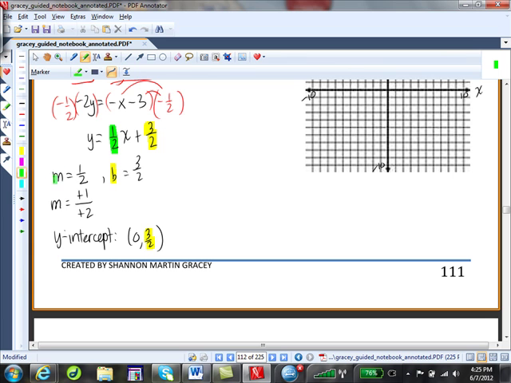And here's how everything lines up. And again, just to clarify, this would be 1 up and 2 right from our y-intercept.